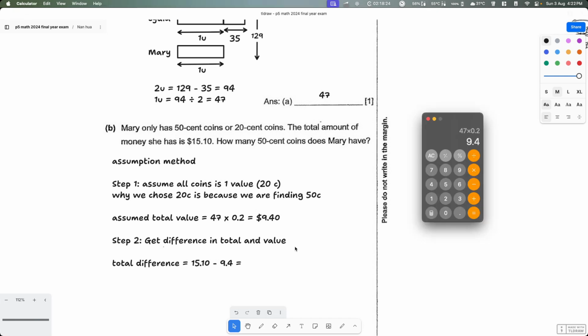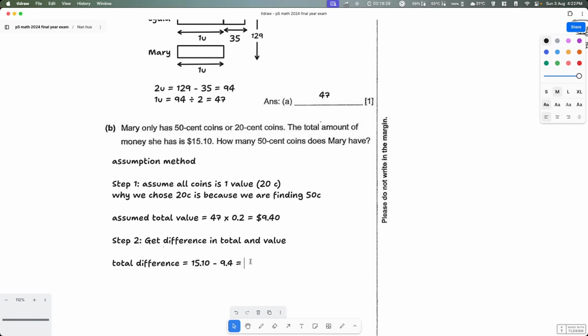What does this give us? Dollars 5.70. Then we also get the value difference, which is 0.5 minus 0.2, and this will give us 0.3, which is 30 cents.